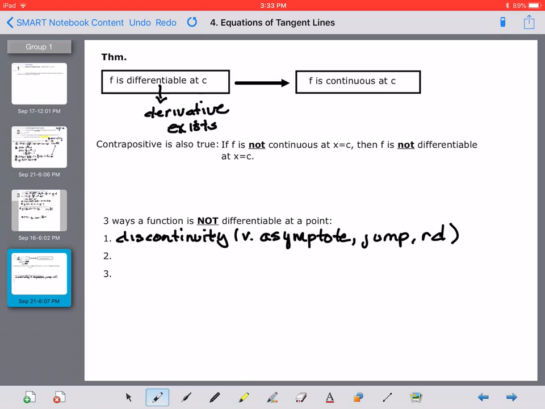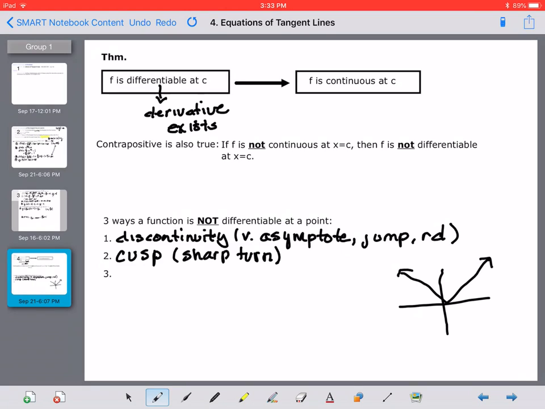The second one is if we have a cusp. On a graph, that is a sharp turn. We have to have a curve to have a derivative. One example of that is your absolute value function. That is a terrible graph and I apologize.